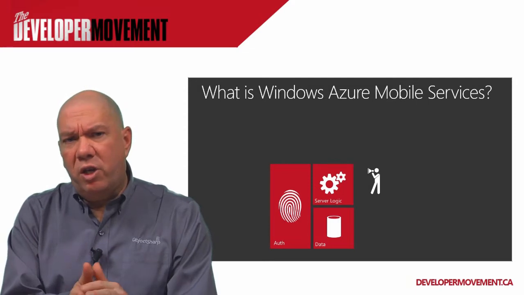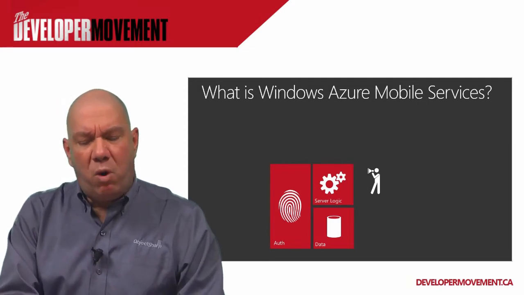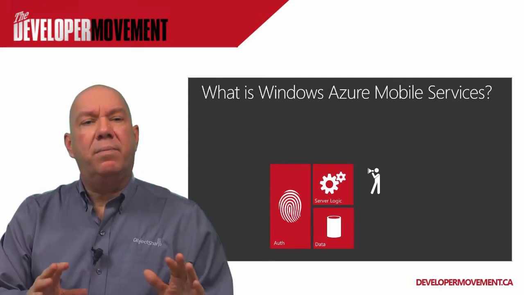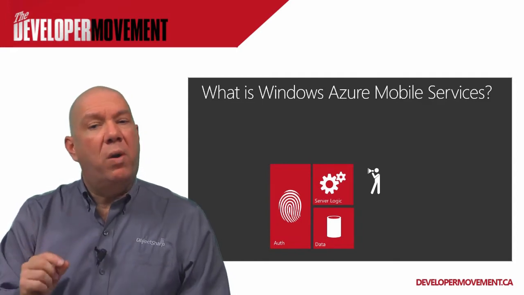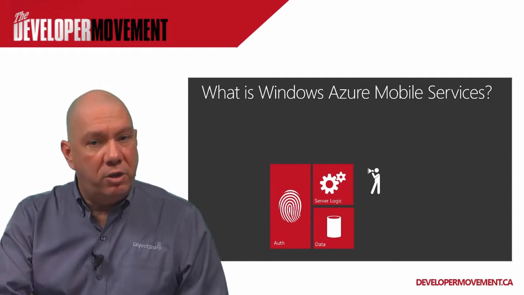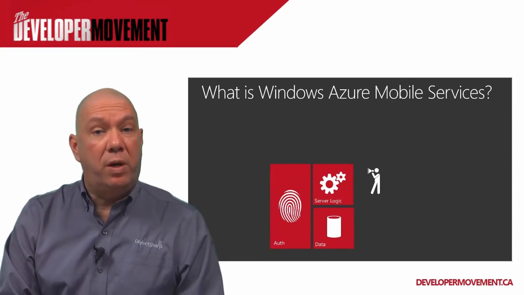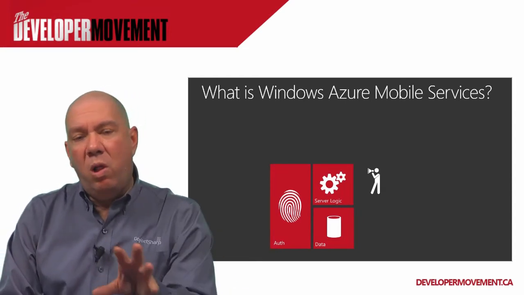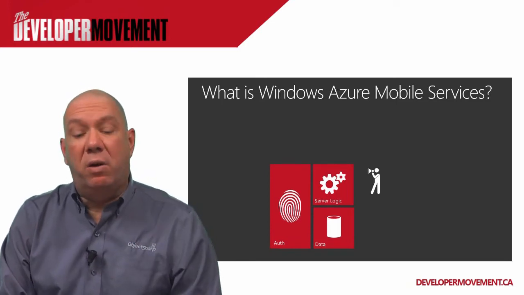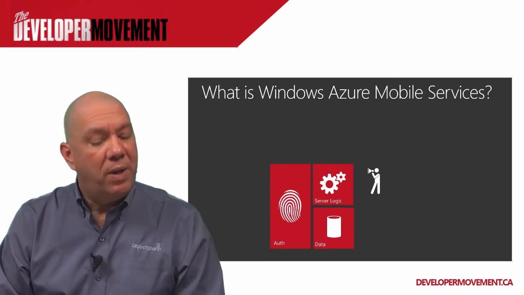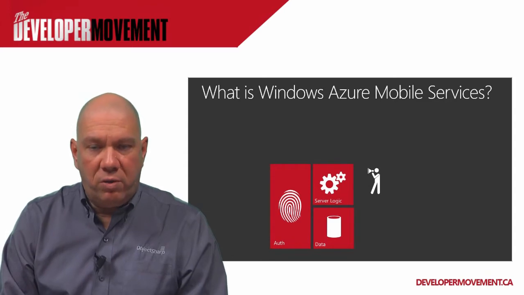So the server logic is there so you can build out slightly more complicated back ends without actually needing to write any additional code. The server logic is written in JavaScript, so it's a language with which you're probably quite familiar. And so all of that gets packaged together into this thing called Windows Azure Mobile Services. As I said up front, could you do this on your own?